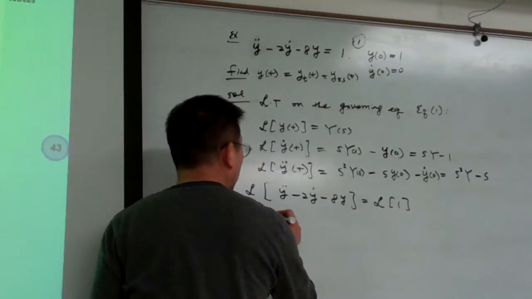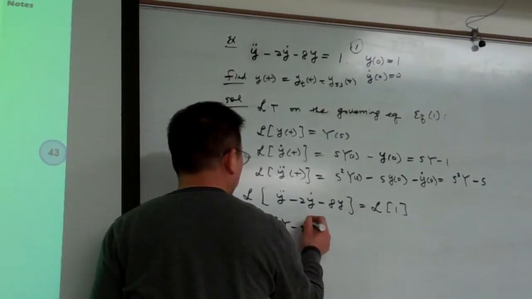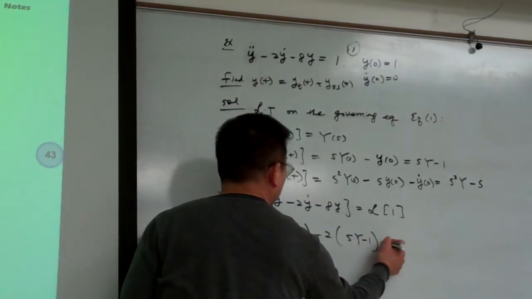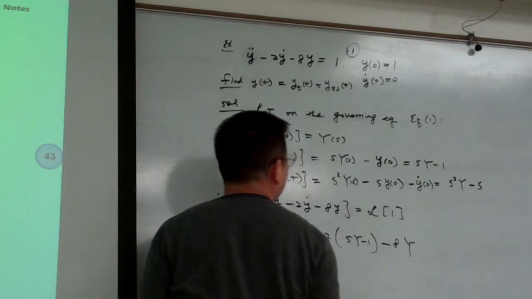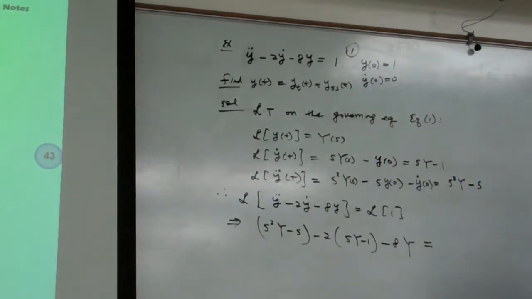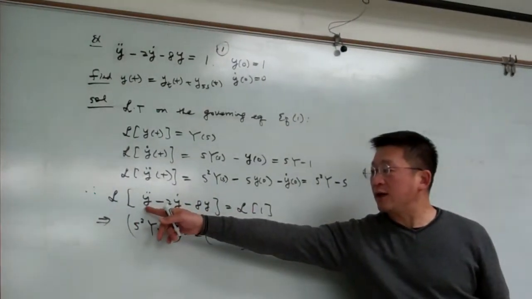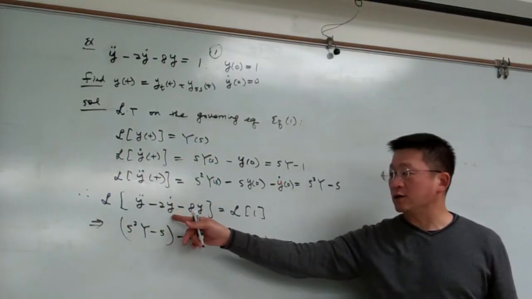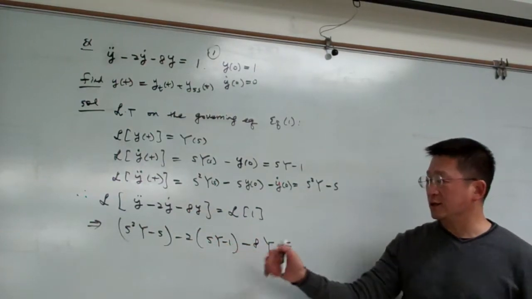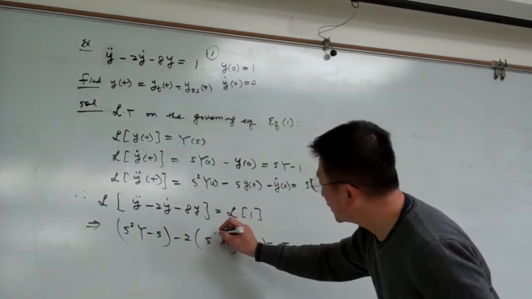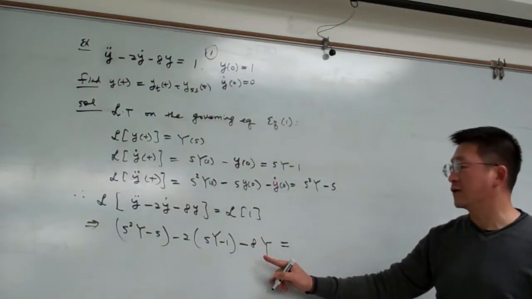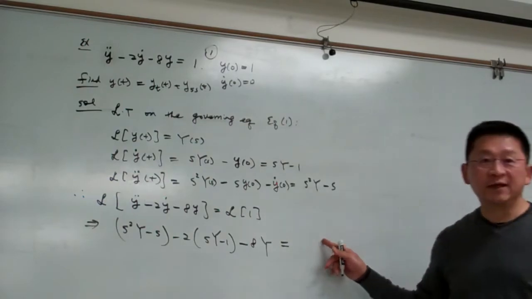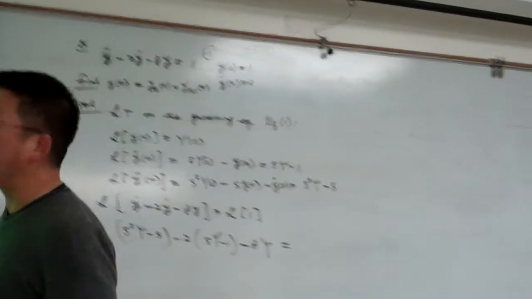That means s squared Y minus s, minus 2 times (sY minus 1), minus 8 times Y. Individually, I plug in the calculation for y double dot, y dot and y with the corresponding Laplace transform forms. And on the right-hand side, that is the Laplace transform of 1.